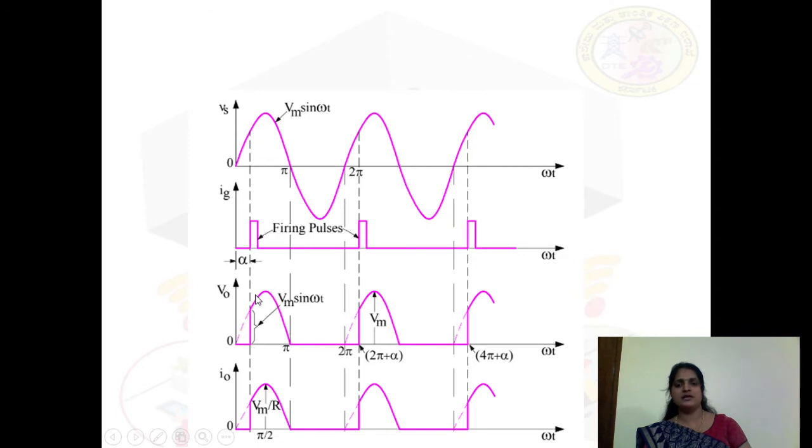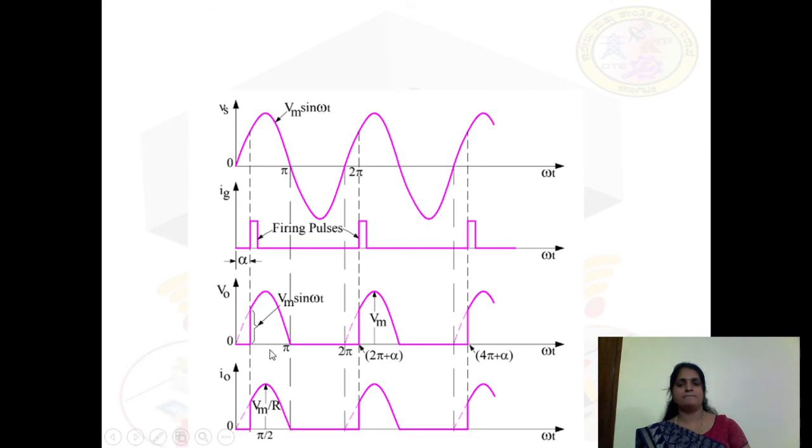Similarly, if there is no firing pulse for the negative input, there is no output. Once again, for the next positive half cycle, we apply the next firing pulse, that is, the gate signal is applied at the next angle. Then we get the output equal to Vm, at the time interval 2 pi plus alpha.